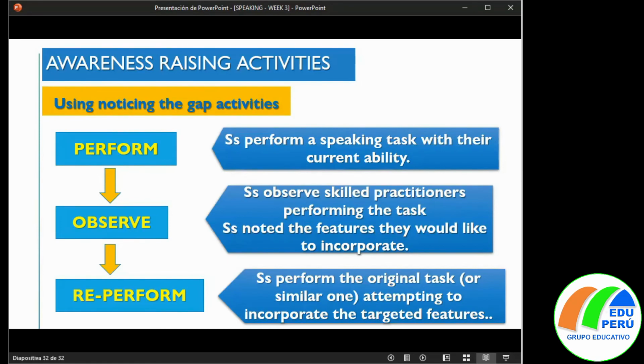Oh, they use this idea, this expression. Yeah, we can change it. Yeah, we could use this better. It's better. So they can rearrange. Then they reperform, producing the original one or a similar one, but incorporating the target features.